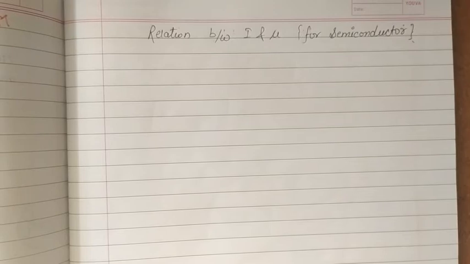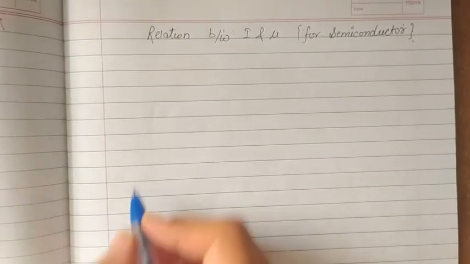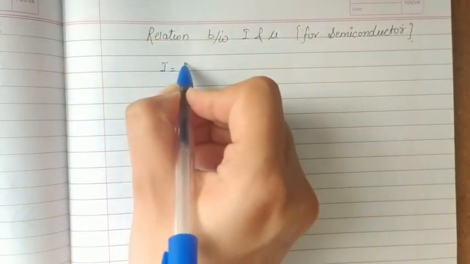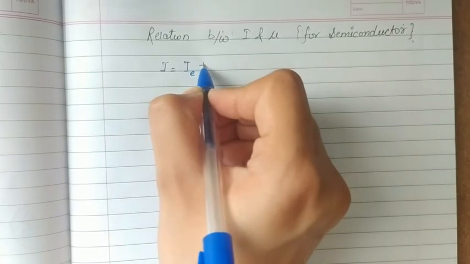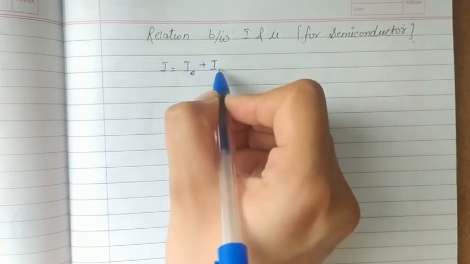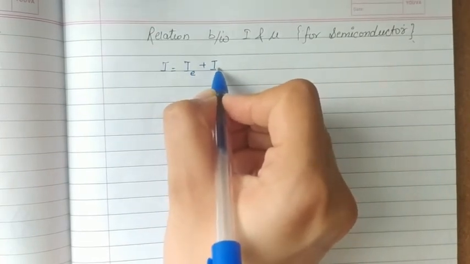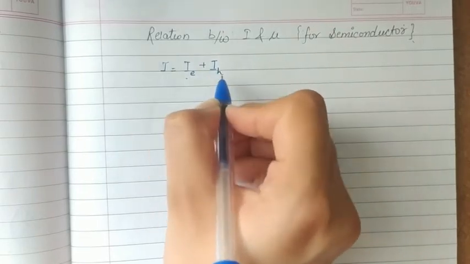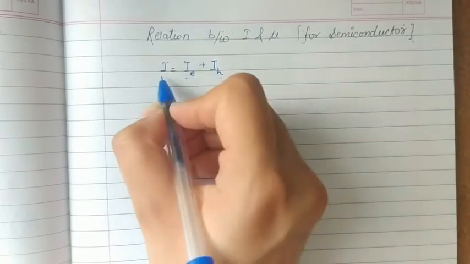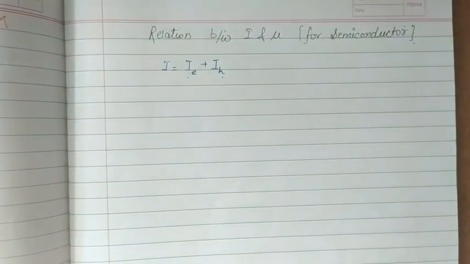So both these charge carriers participate in conductivity. So in the relation also we have to consider the mobility of both electrons and holes. Let's calculate this. For a semiconductor, current can be given as the sum of current due to electrons plus current due to holes. The sum of current due to electrons and holes will give the whole value of current for a semiconductor.